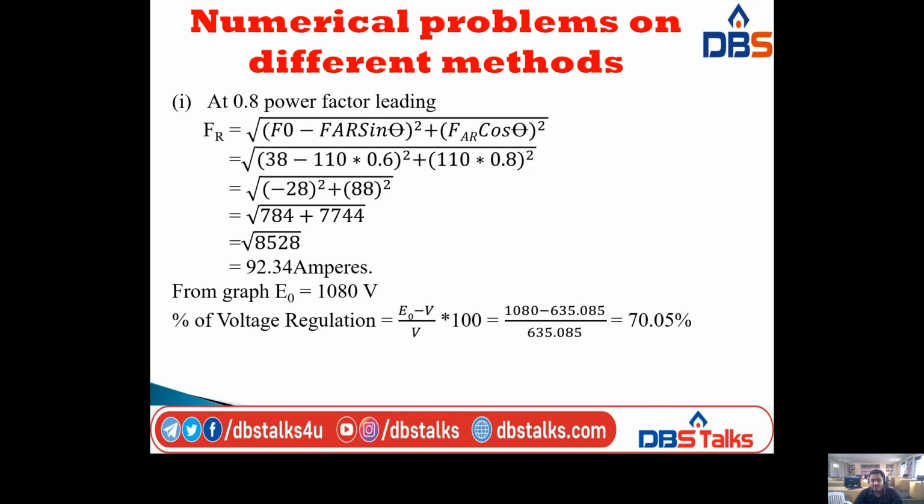From the graph E naught is 1080 minus voltage 635.085, from the data, divided by 635.085, and finally we have 70.05% as the voltage regulation at 0.8 power factor leading.